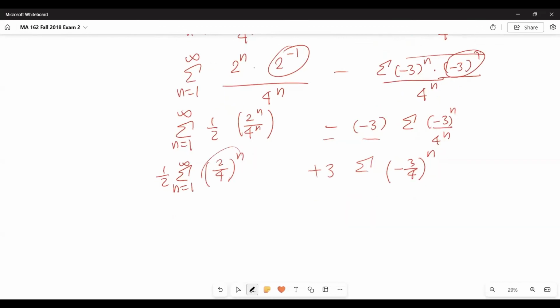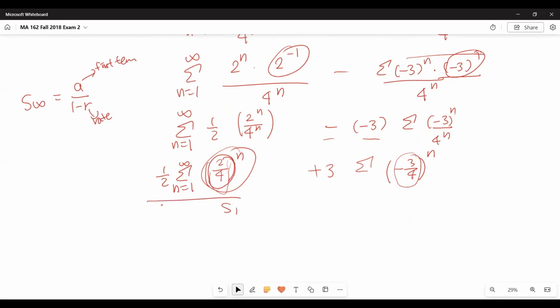If you look at this, the value of r is less than 1, so you can use the geometric series. The sum to infinity is a over 1 minus r, where a is our first term and r is our rate, which is inside of the nth power. In our case, I'm going to call them s1 and s2.